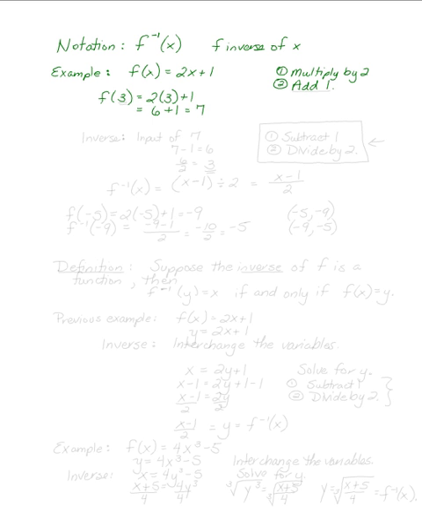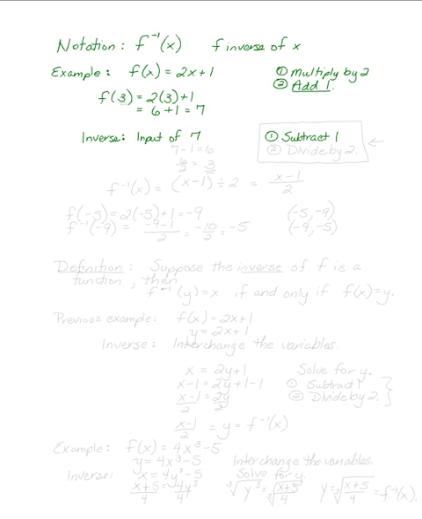Now that means for our inverse function, we want to have an input of 7, and what we want is an output of 3. Now if you think about this, what do we have to do? We actually have to just undo the steps we did in the reverse order. So the last thing we did was we added 1. So in order to go backwards, the first thing we would do in the inverse is subtract 1.